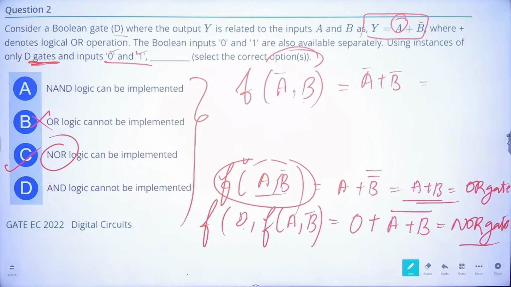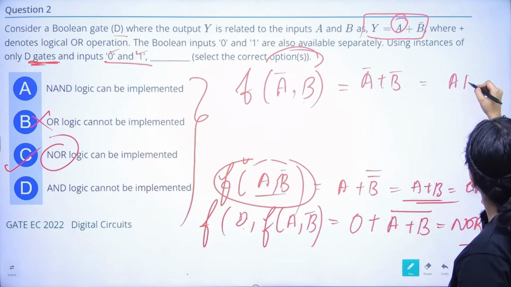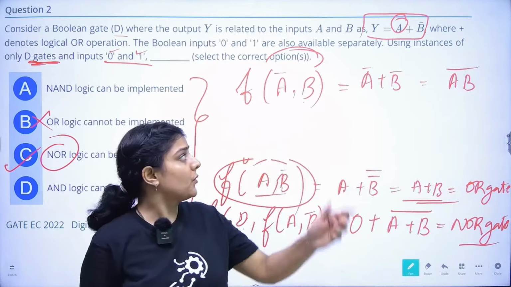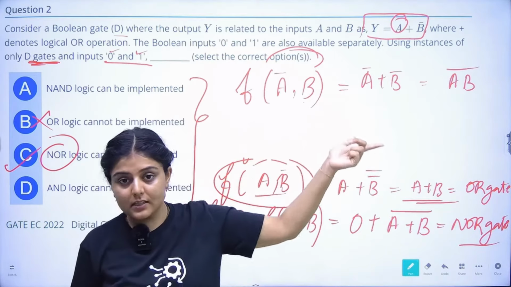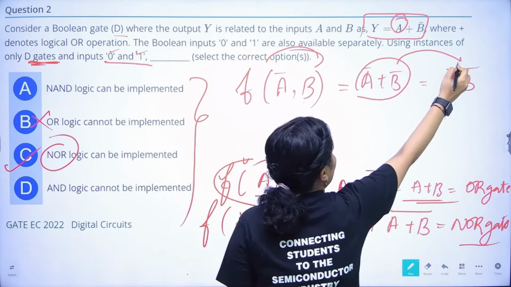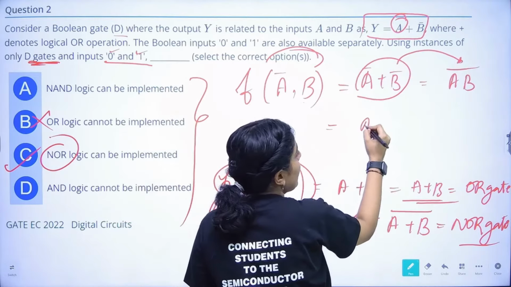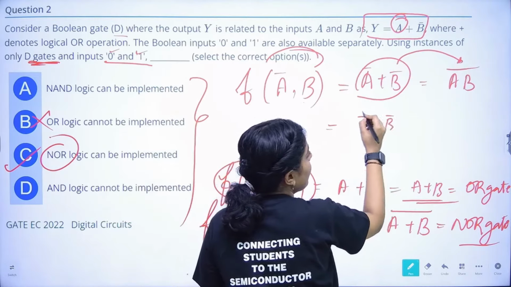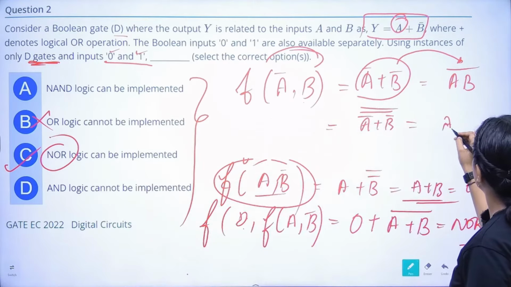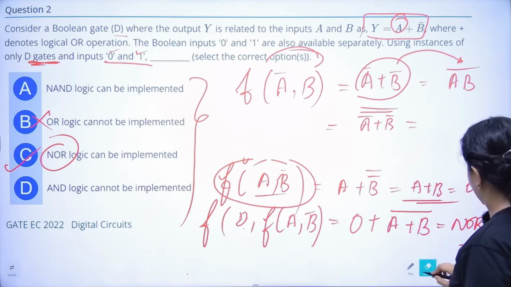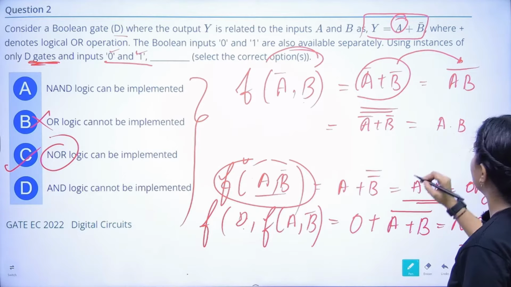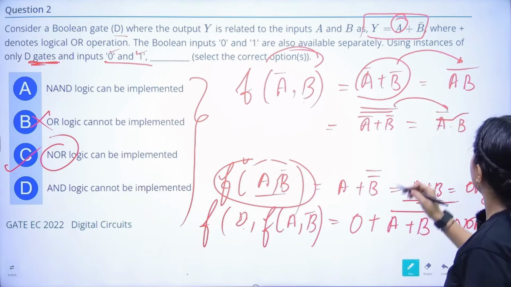So this is nothing but ab bar, right? Applying De Morgan's, a bar plus b bar is ab bar. How do we convert this to this? A bar plus b bar, take both bar. So one bar will convert this into a dot b, and this is your another bar.